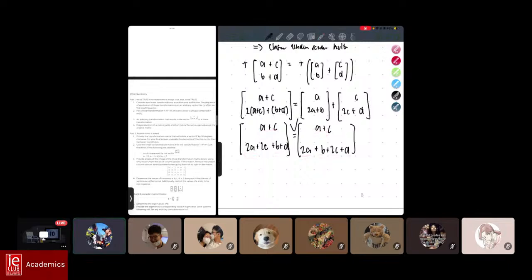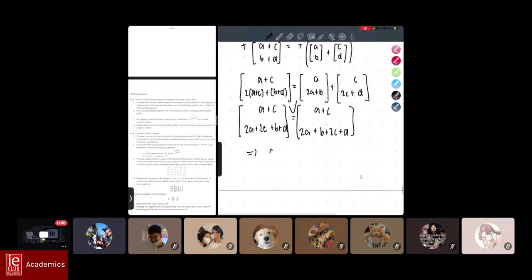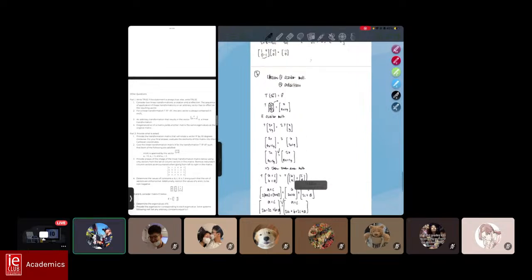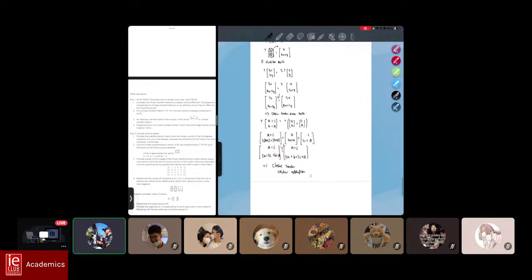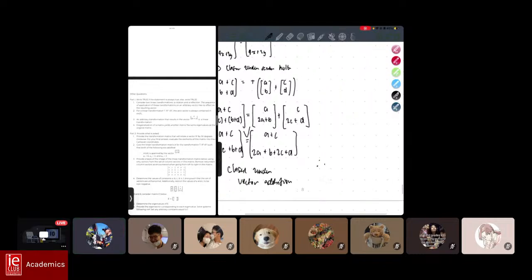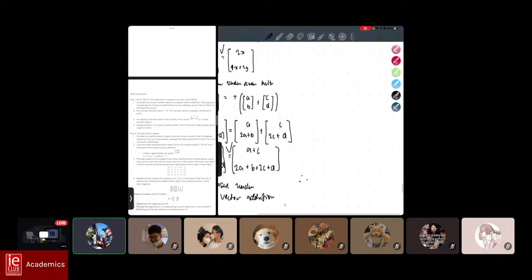Check. So therefore, this is closed under vector addition. Since it is closed under both, therefore it is a linear transformation.